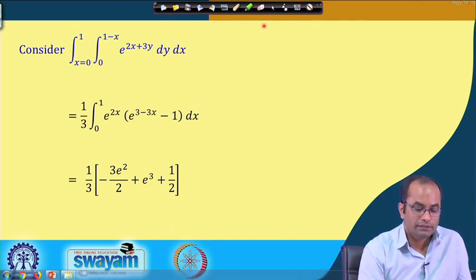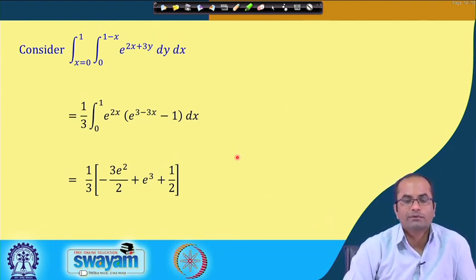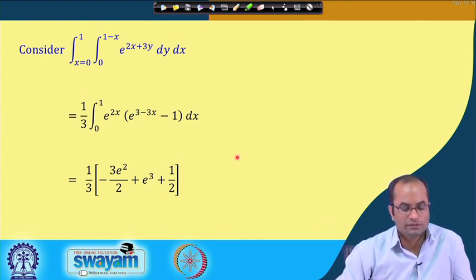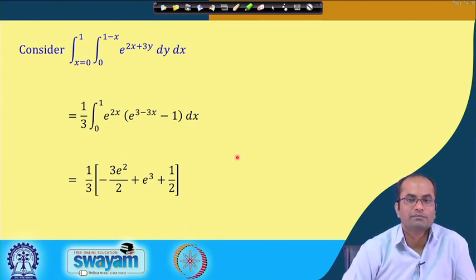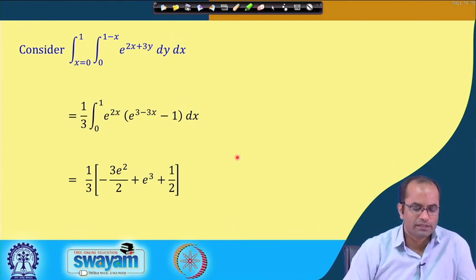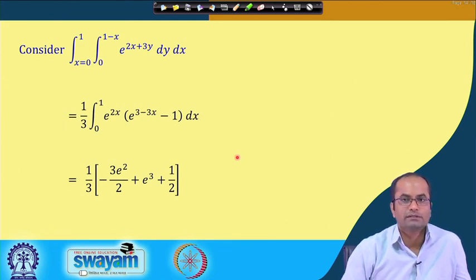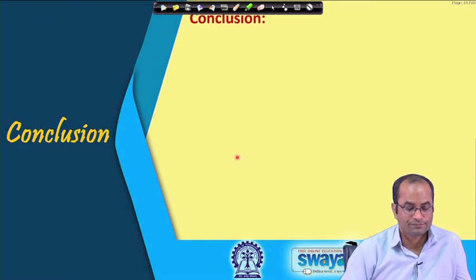So, when we have a simple domain like the rectangular, triangular, or one we have seen which was bounded by the line and the parabola, in these cases finding the limits, whether first with respect to x and then with respect to y, or with respect to y first and then with respect to x, in either way it is simple to get the limits, and we can evaluate the integrals by repeated single integrals.